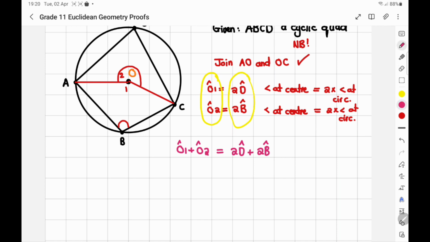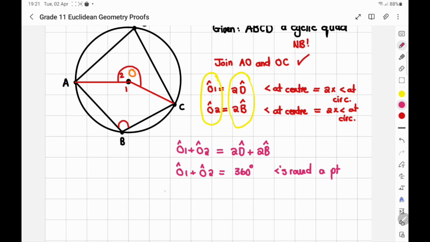Now we've got that, but we know that O1 and O2 is equal to 360 degrees. The previous step was done with algebra. So now we note that O1 plus O2 is equal to 360 degrees because angles round a point.